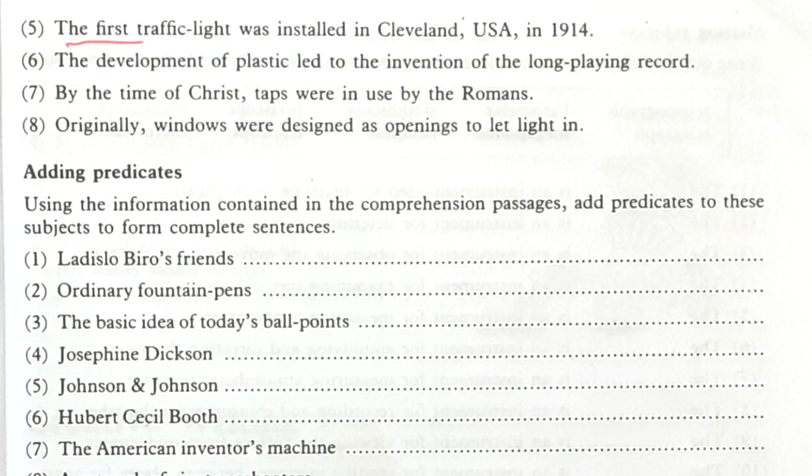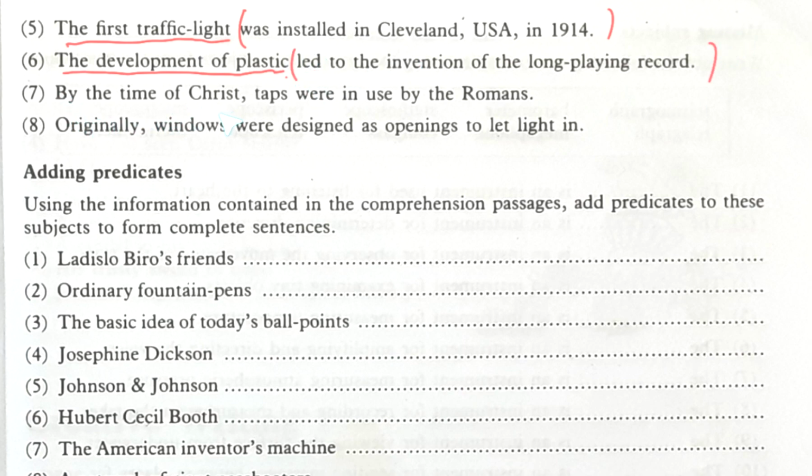So this is the subject and this is the predicate. Number 6: The development of plastic led to the invention of the long playing record. Here led is the verb. Who led? The development of plastic. This is the subject and the rest of the words are the predicate.